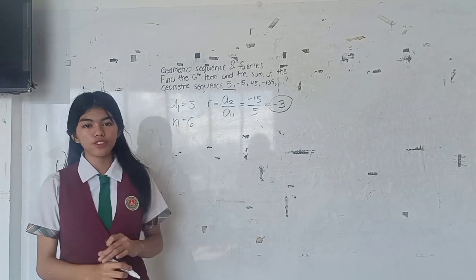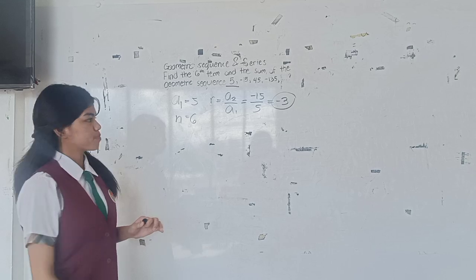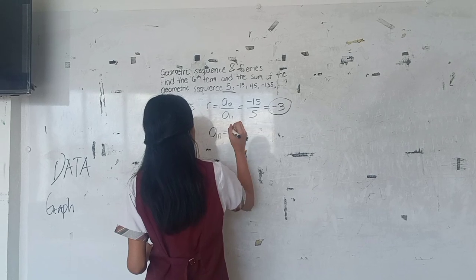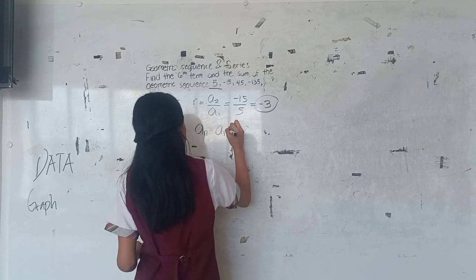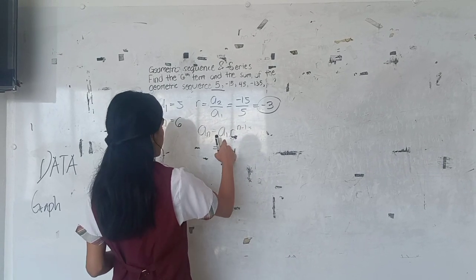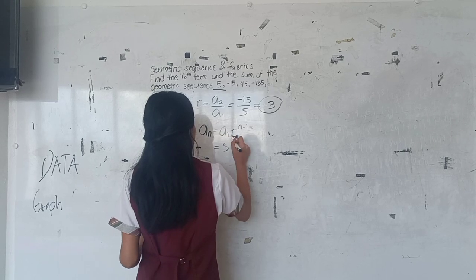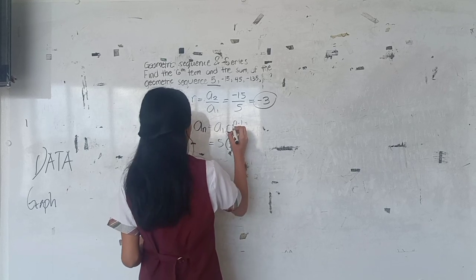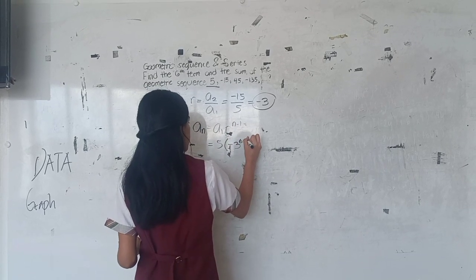Next we need to find our a sub n. a sub n equals a sub 1 times r raised to n minus 1. Substitute the givens: a sub 1 is 5 times our common ratio, negative 3, raised to n, which is 6, minus 1.